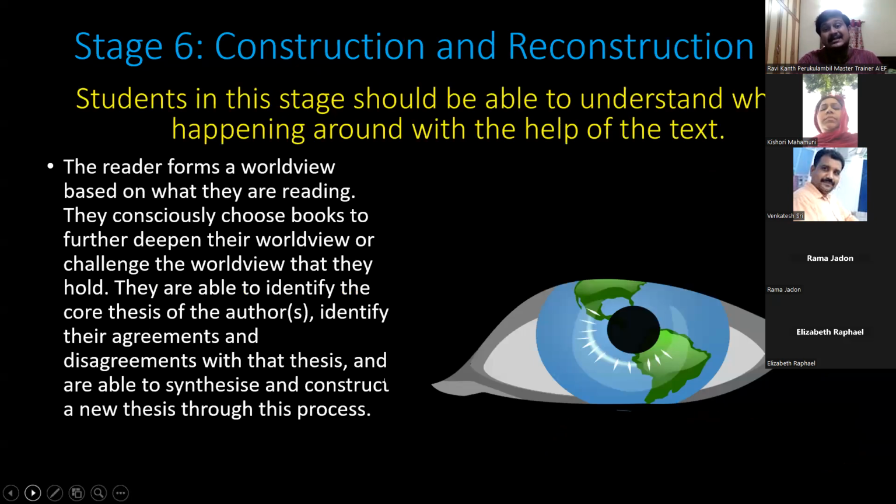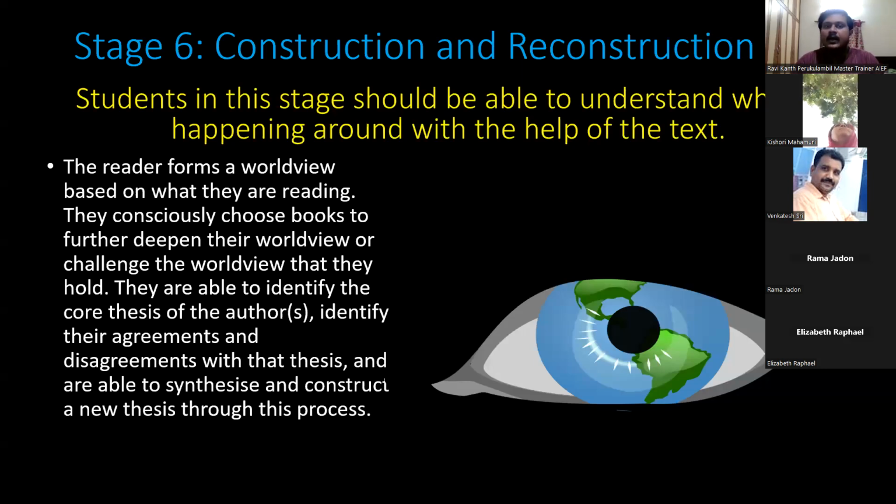The sixth stage is construction and reconstruction. Students in this stage should be able to understand what is happening around them with the help of the text. The reader forms a worldview based on what they are reading. Imagine they are given a book, a novel, or any sort of fiction.